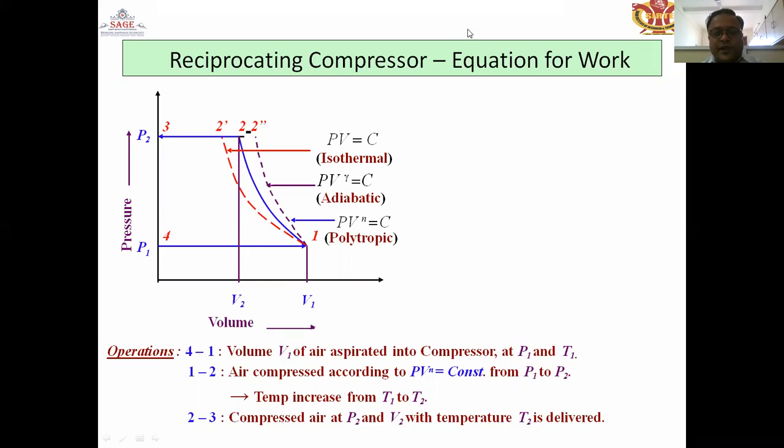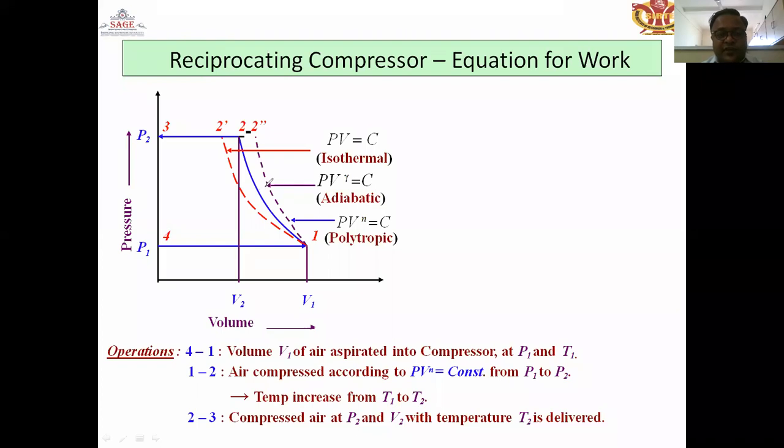In these three processes, the work done required is different. The same work is not required for the different processes. PV = C requires the least work done, whereas PV^n = C requires the maximum work done, and PV^gamma = C requires work in between. So these are the fundamental process differences.